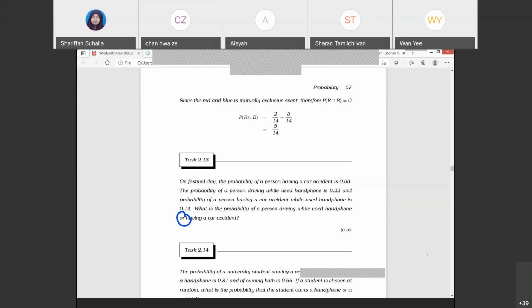Okay, first, write down the information that we have. Let's say probability of C, car accident. Probability of C is 0.08.